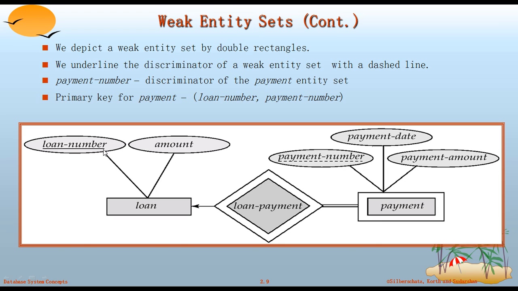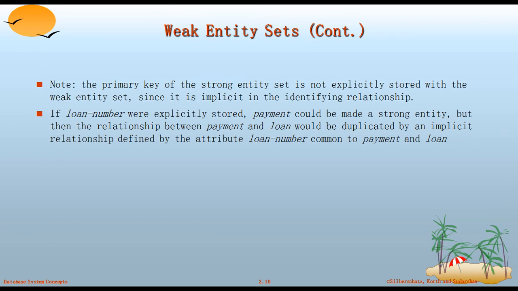The loan number plays the primary key for payment as well as loan. Note, the primary key of the strong entity set is not explicitly stored with the weak entity set since it is implicit in the identifying relationship.